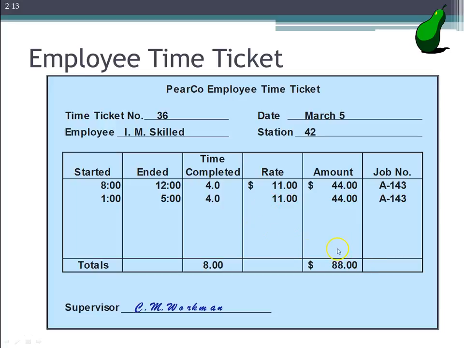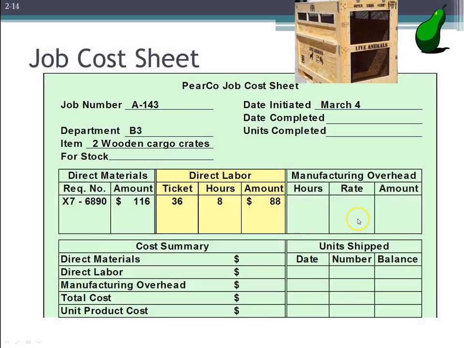If we multiply that out, we're talking about $88. That's the direct labor cost. And again, this is the man, or woman, that is actually building our box for us. So their salary can be specifically and easily traced to these units of production, right? We know that these 2 wooden crates will take $88 of direct labor to make and $116 of direct materials to make.